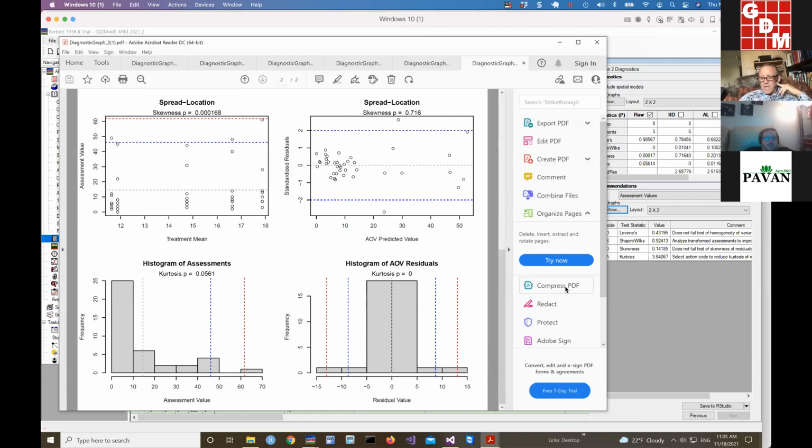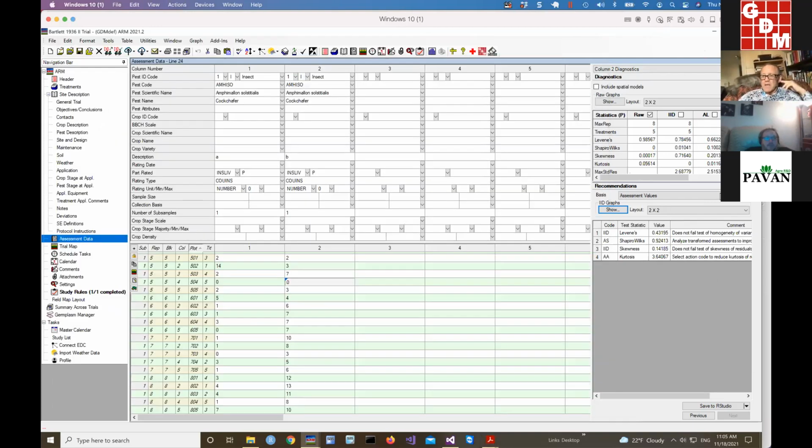Now, because we have that inconsistency, there is no single good automatic transformation to apply. And this is where we want you to go in and look at things like the rating unit or the rating type to find a more consistent recommendation for the transformations to be applied to your data.